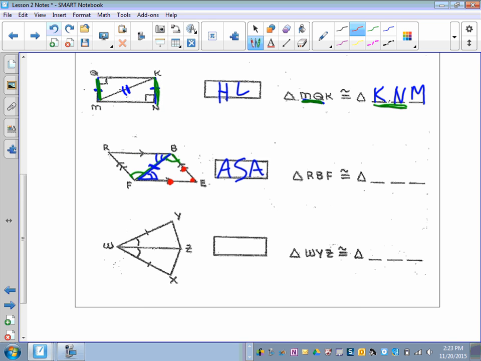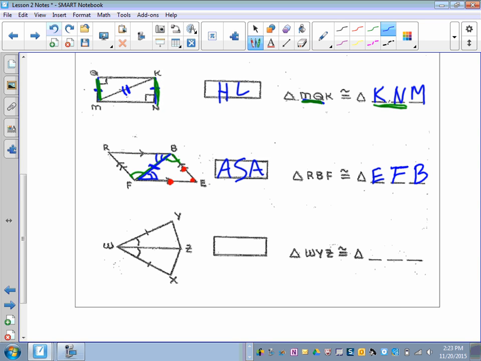Okay, back to triangles. So, triangle RVF. So E and R go together. And F, good. Again, our little angles here, the two notation angles, means that F comes next.